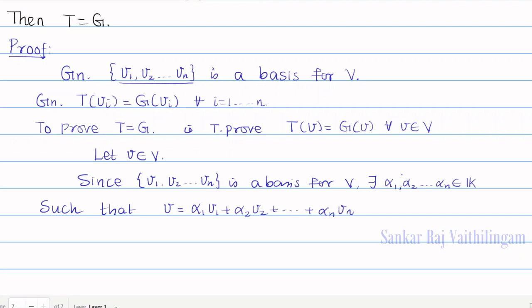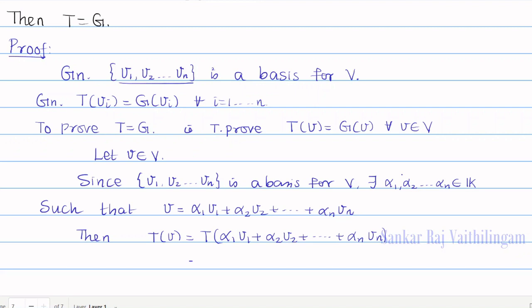Then T of capital V is equal to T of alpha 1 V1 plus alpha 2 V2 plus ... plus alpha n Vn.